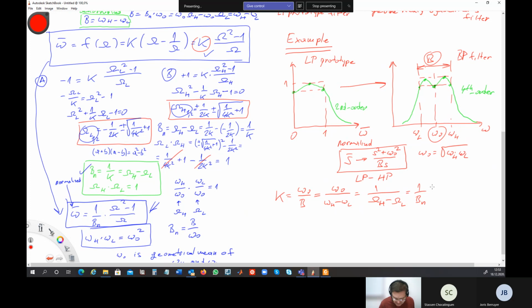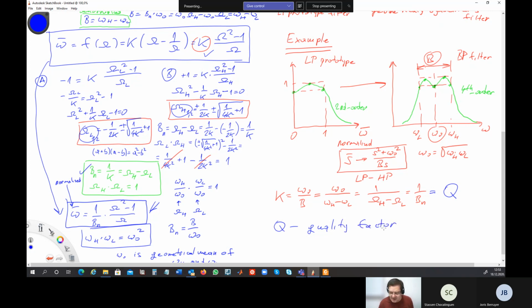And then finally, it's usually given a special name, which is called Q, the quality factor.